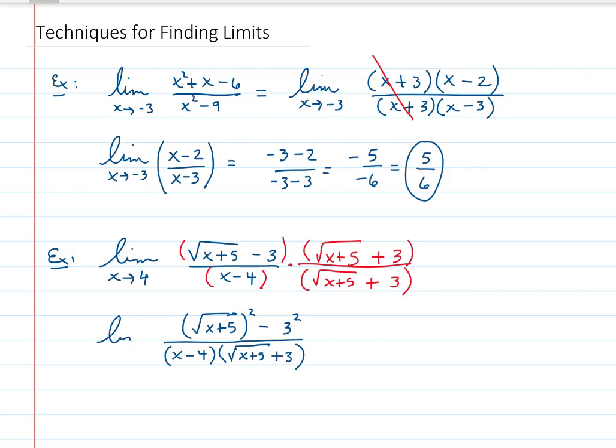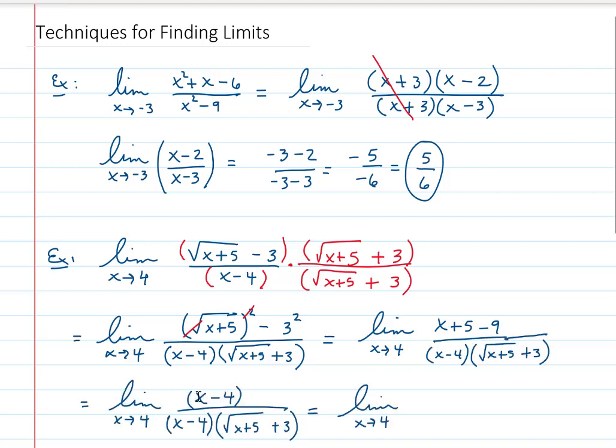So remember, you're still taking the limit as x goes to 4 here. If we keep going, keep writing the limit. Don't drop the limit here. We haven't done the limit yet. The square is going to take care of that square, and we end up with x plus 5 minus 9, and then we still have this whole thing on the bottom. So we're going to write it again. Notice how I end up with x minus 4 on the top, and I already have that on the bottom, so I can cancel those out.